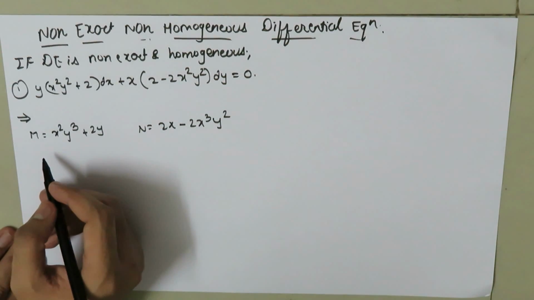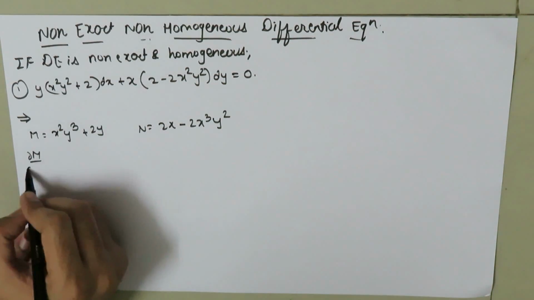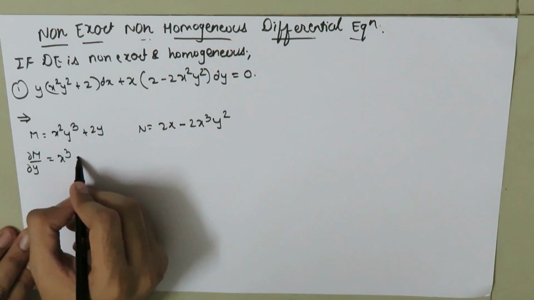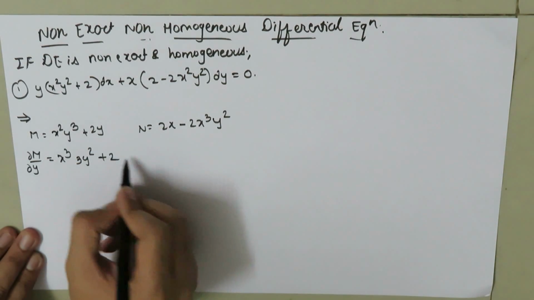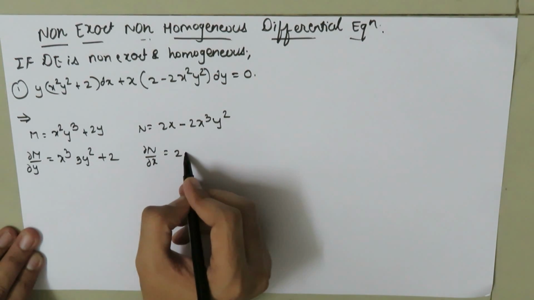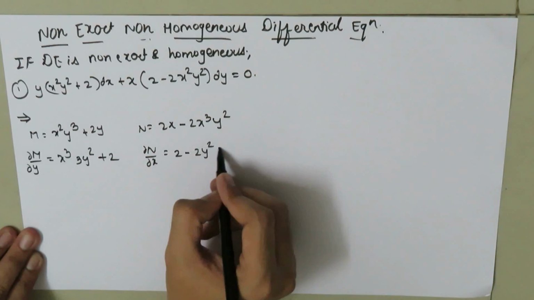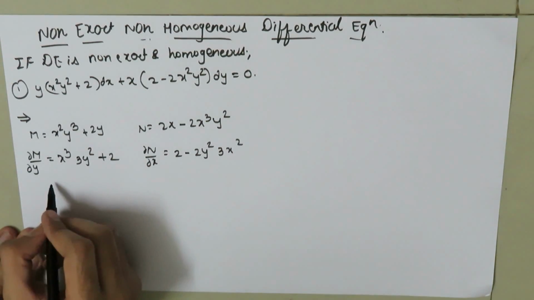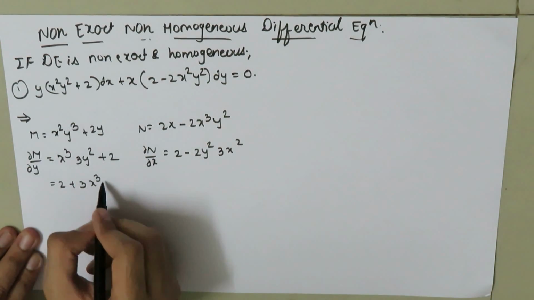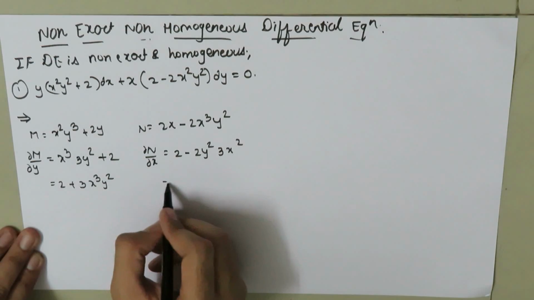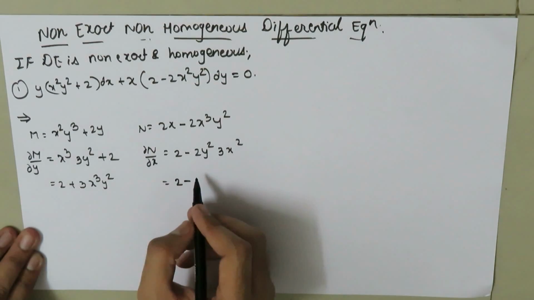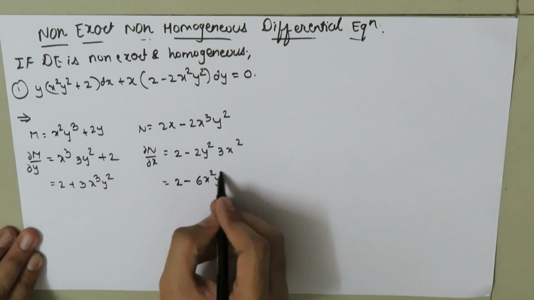Here, delta M upon delta y is equal to x squared times 3y squared plus 2, and delta N upon delta x is equal to 2 minus 2y squared times 3x squared. So here we have 2 plus 3 x squared y squared, and here we have 2 minus 6 x squared y squared.